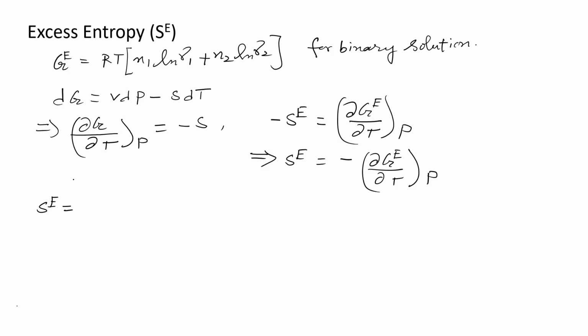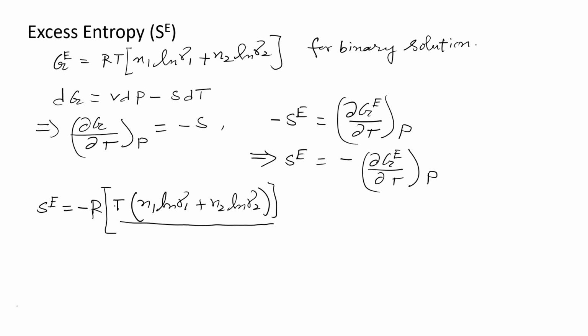So this is minus del by del T of R, then inside there are two terms, one is T and another one is the full term, that means N1 ln gamma 1 plus N2 ln gamma 2, divided by del T at constant pressure.